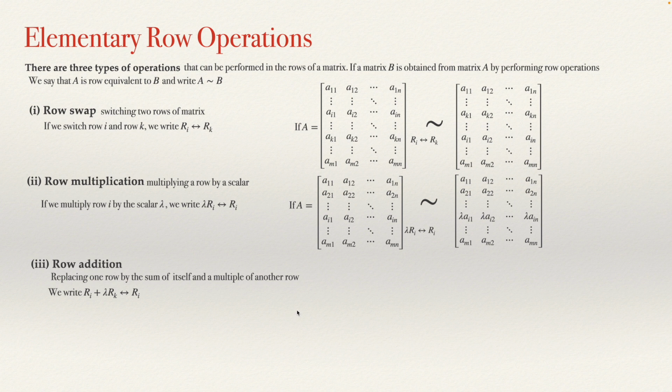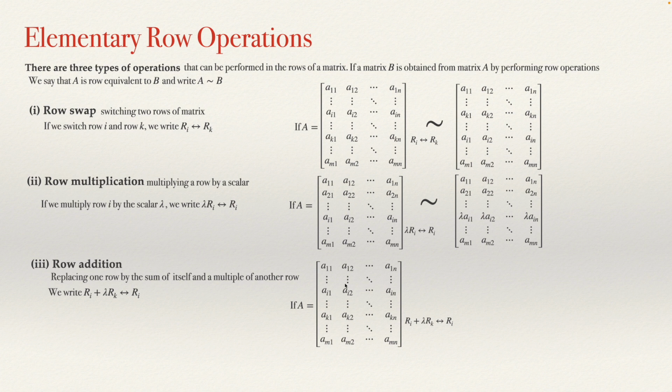For example, if we have again the same matrix, and we have one row that is the row I, another row, the row K, and we see beside this the operation Ri plus lambda Rk will be substituting Ri.